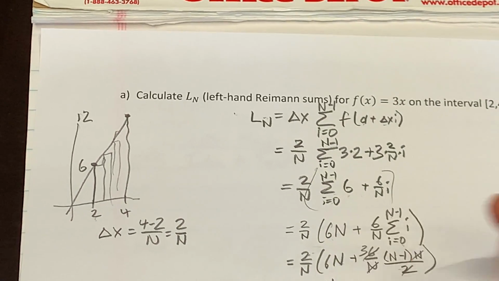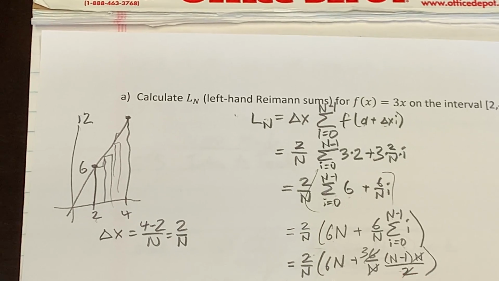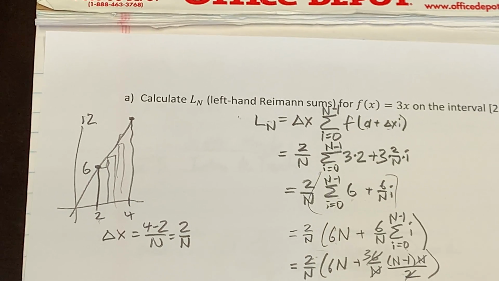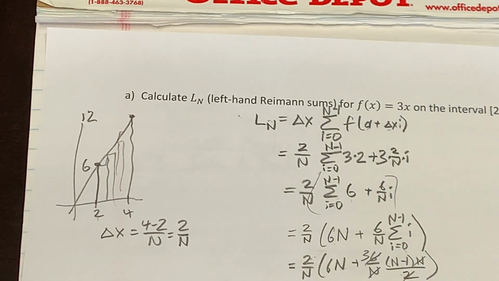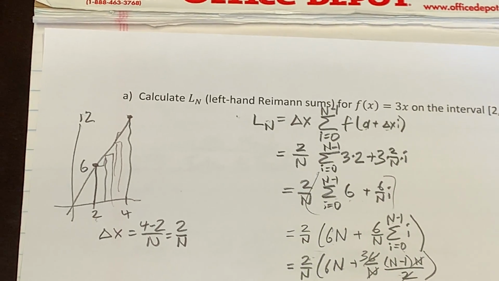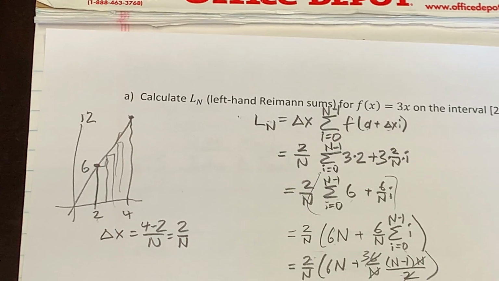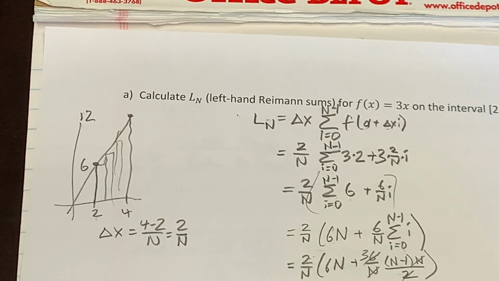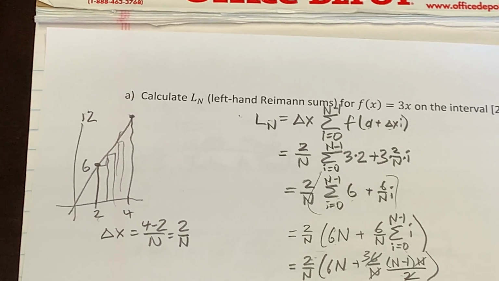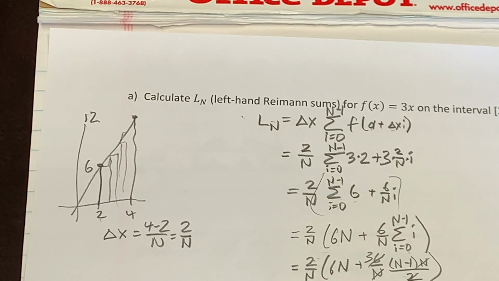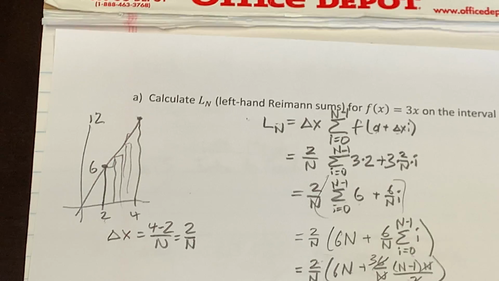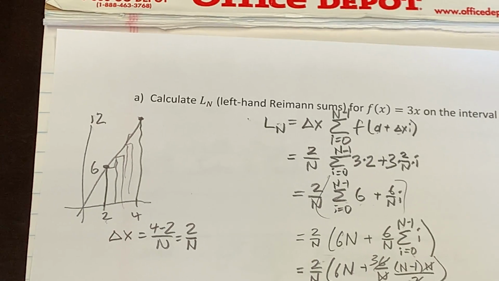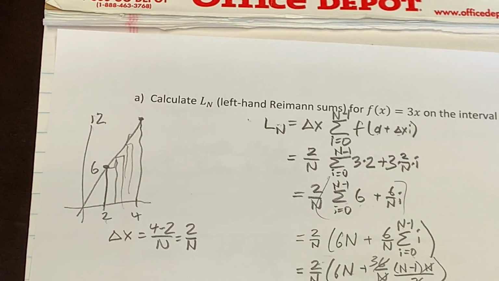This is a plus sign. 2 times n minus 1 is 2n minus 2 over just an n. Well, 12n over n, that's just 12, right? Plus 2n over n, that's 2, minus 2 over n. So what does this add to? 14 minus 2 over n.